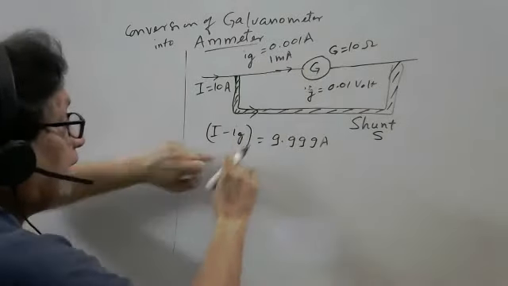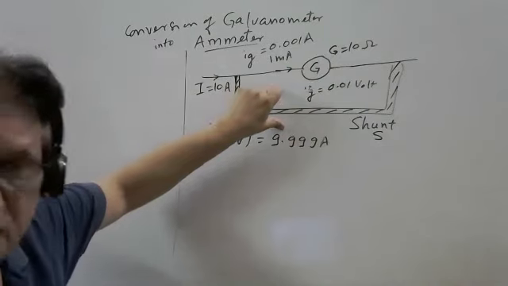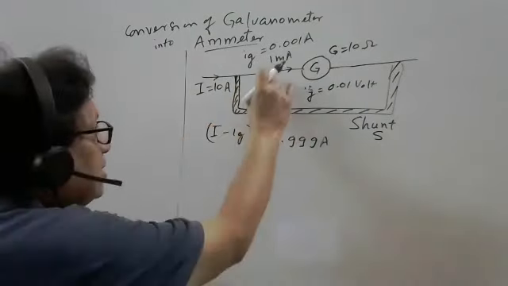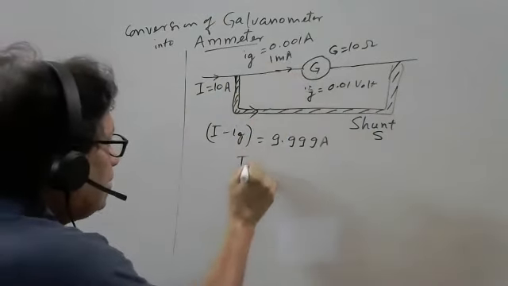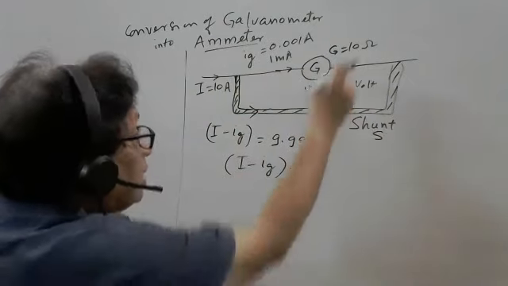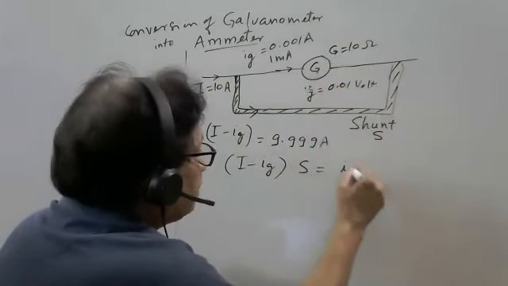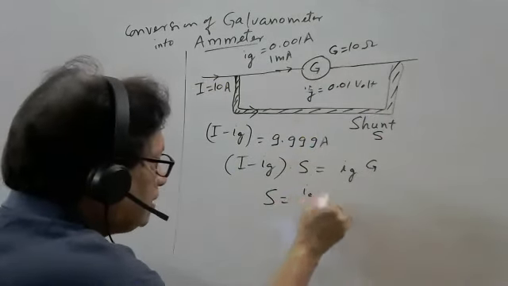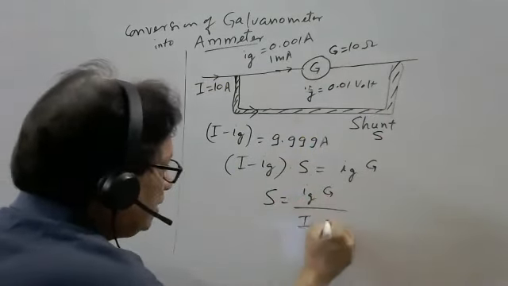If these two are in parallel, the voltage is the same. So V is equal to IR. Here (I minus Ig) multiplied by S is equal to Ig into G. So S can be written as Ig into G upon (I minus Ig).